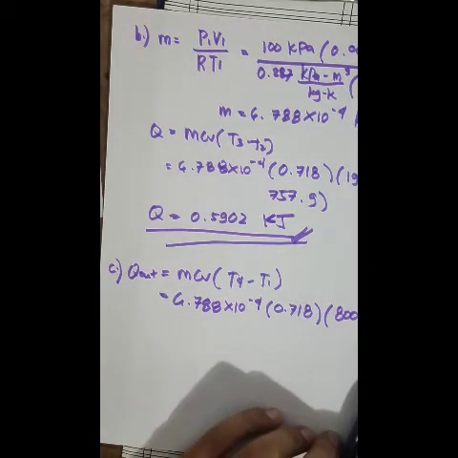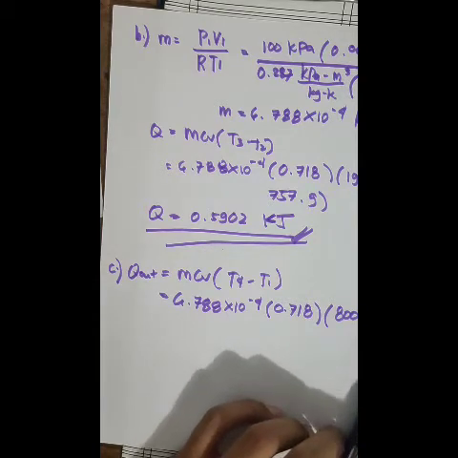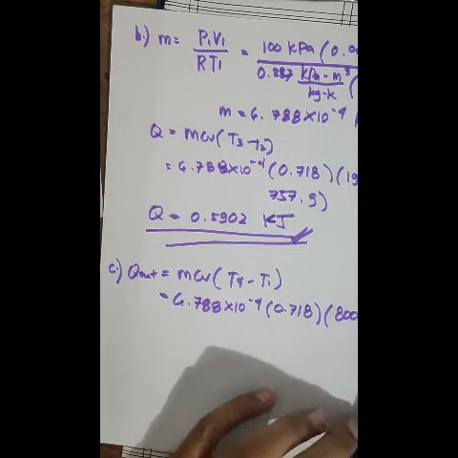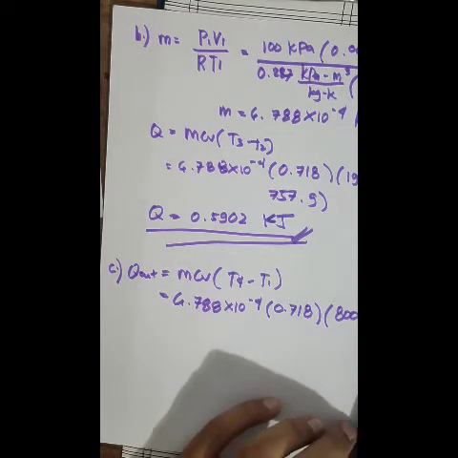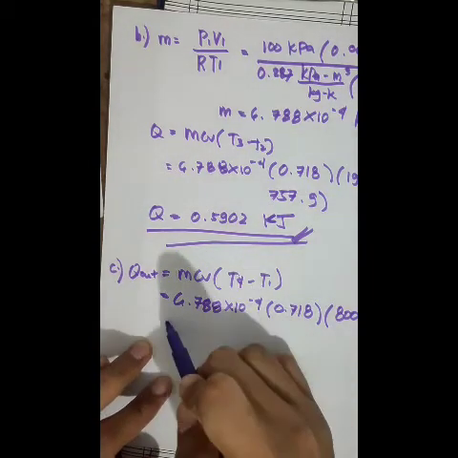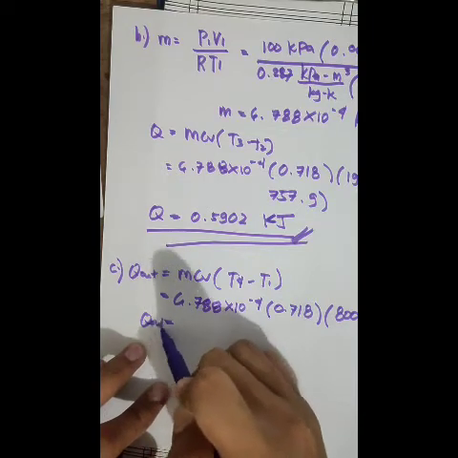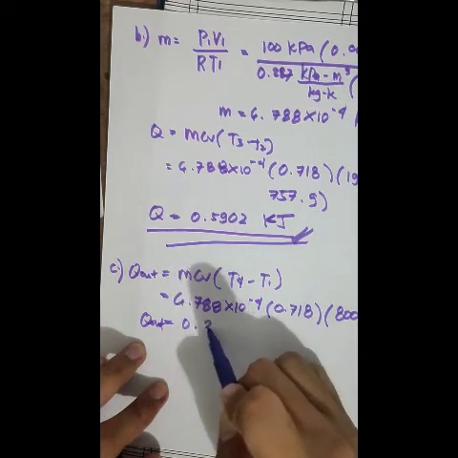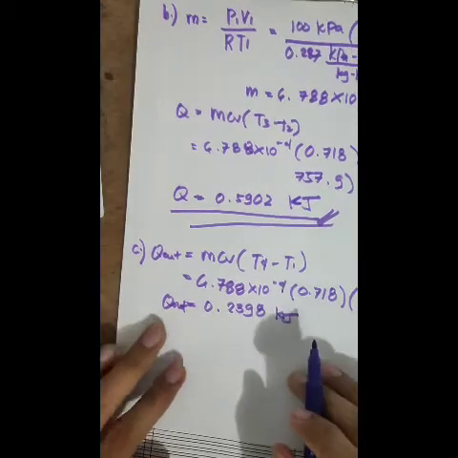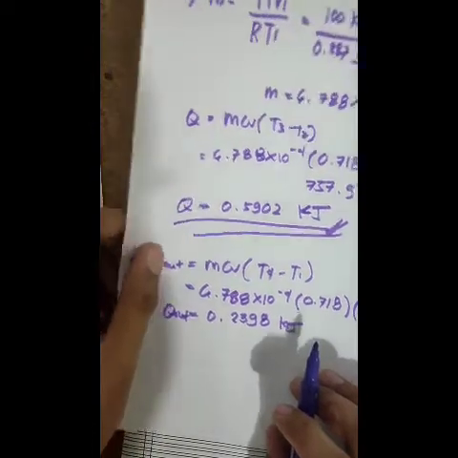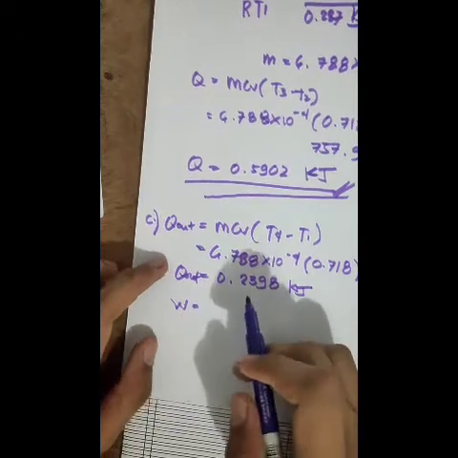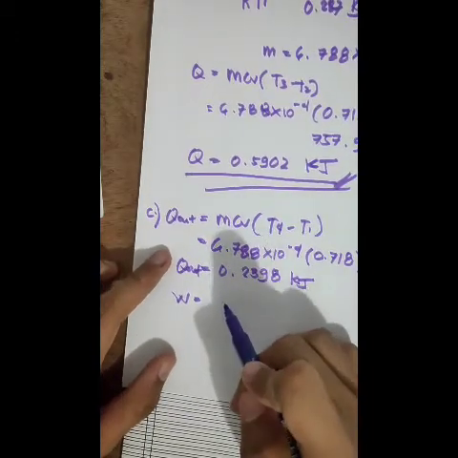So 6.788 times 10 raised to negative 4 multiplied by 0.718 times 800 minus 308 is equal to 0.2398. Q out is equal to 0.2398 kilojoule.